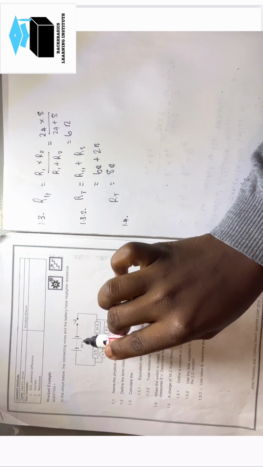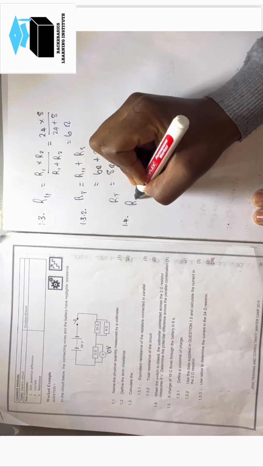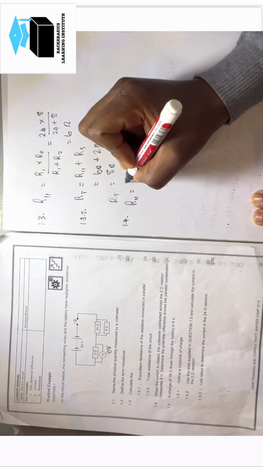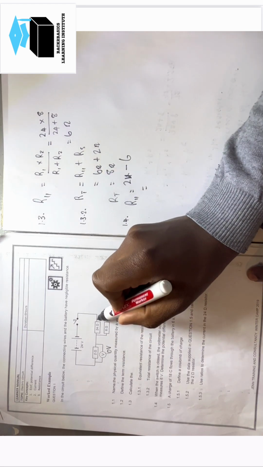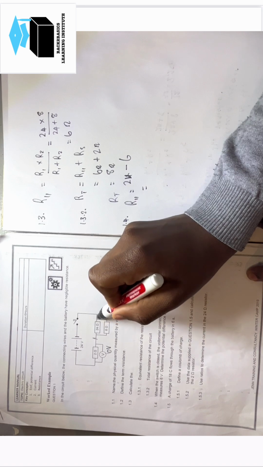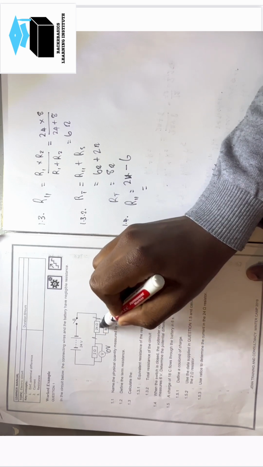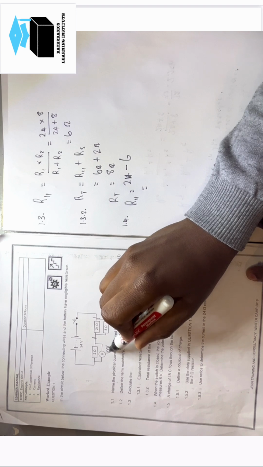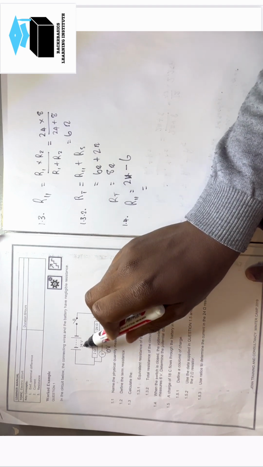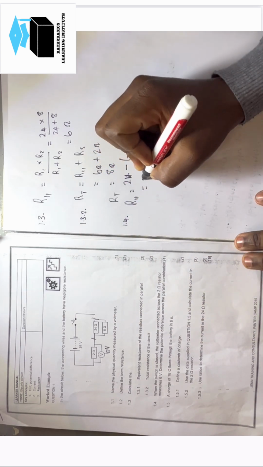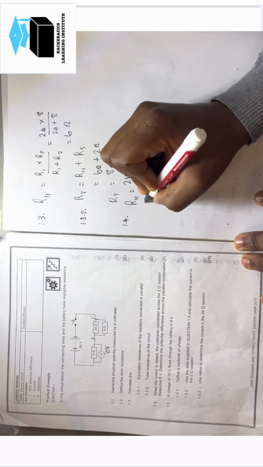The voltage through this connection plus the voltage through the other connection must in totality give us 24, so we subtract 6 from 24, which gives 18 volts across the parallel combination.